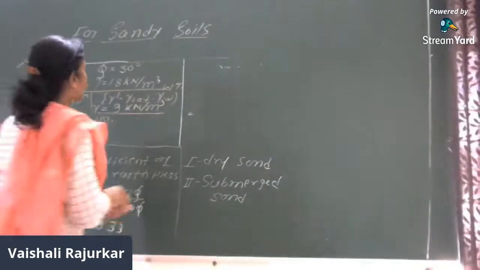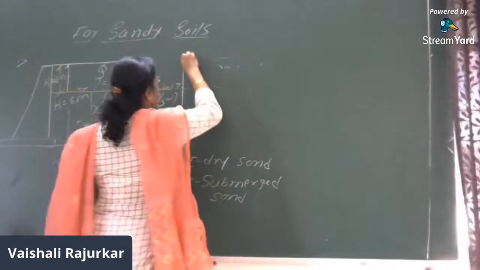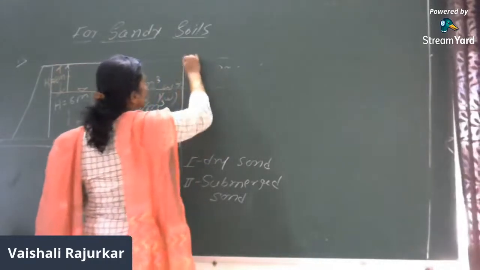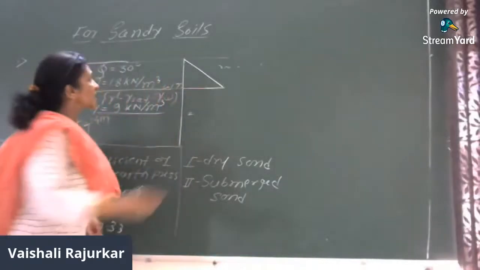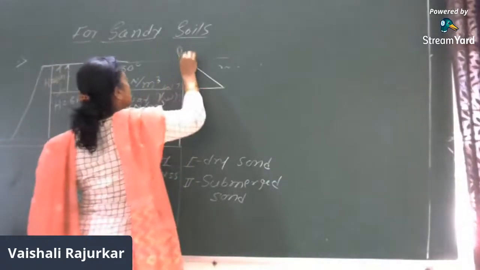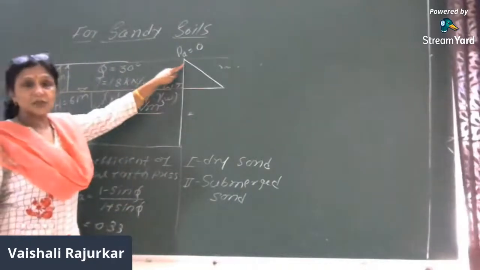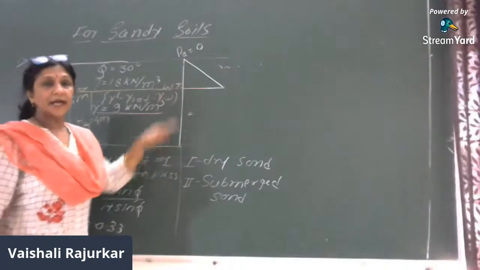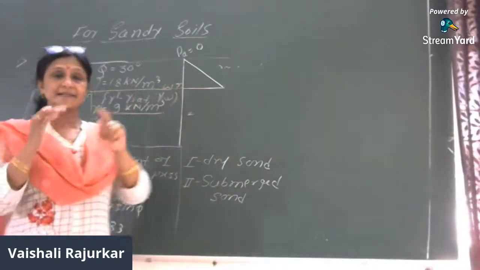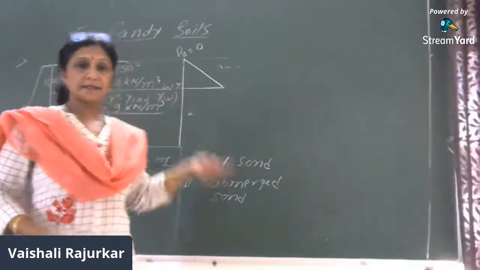That first layer is considered to be the dry cohesionless soil, and here the distribution is a triangular distribution where the pressure at the top is 0, because in the sandy soil the pressure at the top is 0 and increases with the depth, as sandy soil has a tendency to put its weight over the adjacent structure.